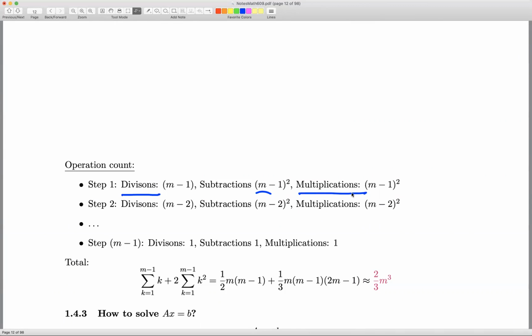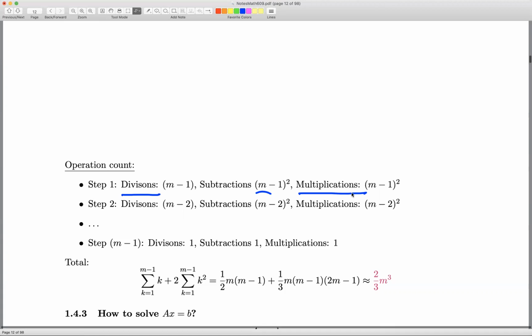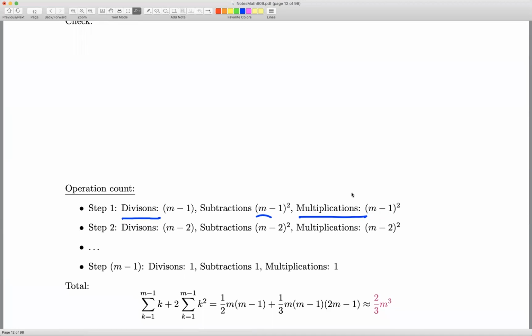In some other books, they count the flops, which are the floating point arithmetic operations, and therefore there is a slight difference in the actual number that you end up with, but we are going to do the flops. So let's first look step by step at what is happening and see how many divisions, subtractions, and multiplications we have.